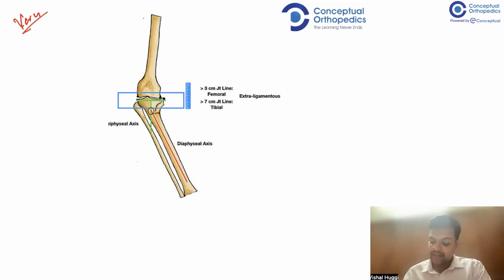With this diagram, we decided which deformities are extra-articular and which are intra-articular. Any apex of the deformity, or the CORA of the deformity, lying about 3 centimeters above the joint, that is above the epicondyle, we call extra-articular in the femur. Anything more than 7 centimeters below the tibial tuberosity, we call extra-articular in the tibia, because up to 7 centimeters we have the most important structure attached, the MCL.